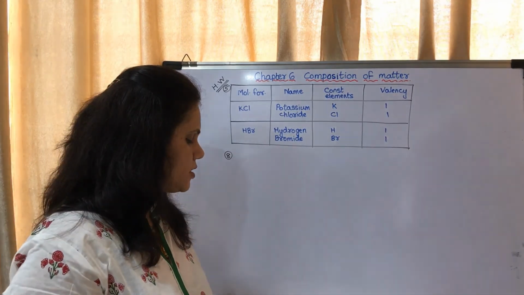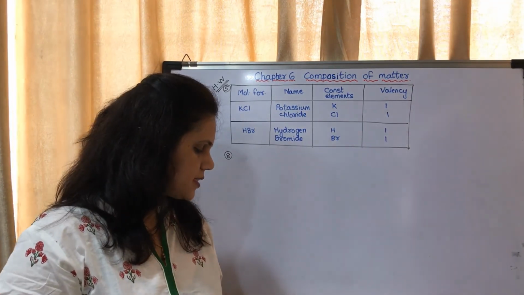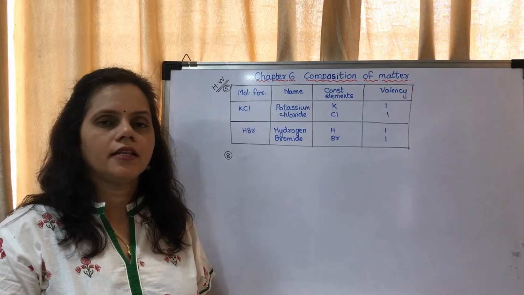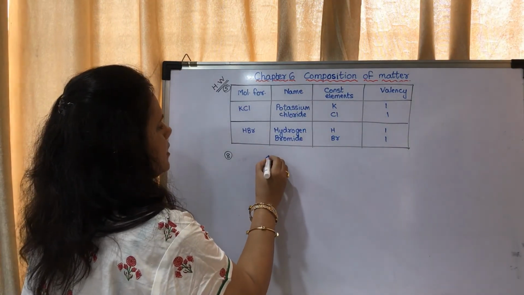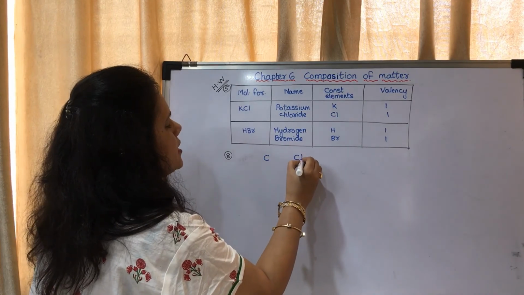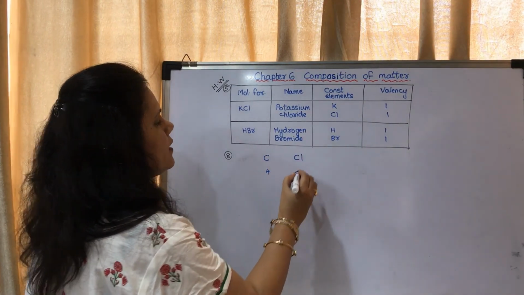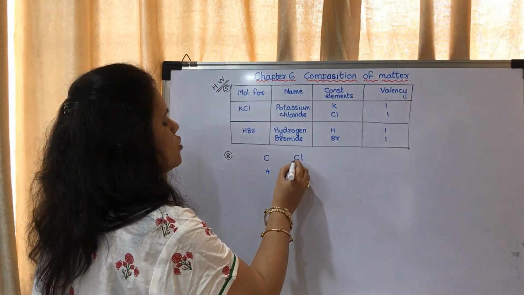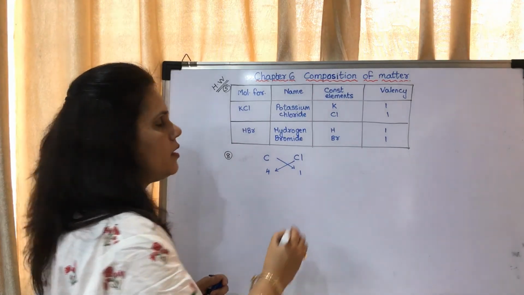Now the next is the 8th question. You have to write the molecular formulas. Carbon and chlorine: the valencies are written opposite. C and Cl, that is the first one. The valency of C is 4, the valency of Cl is 1. So Cl will get the number 4 and C will get the number 1.